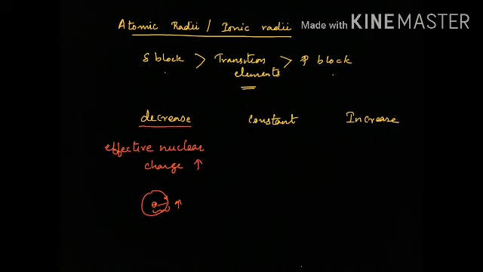After some time we can see that it becomes almost constant. What is the reason behind that? There is no difference in the atomic radii of the elements when we come to the middle portion. The reason is that as the number of electrons increases, more and more electrons enter the n-1 d subshell.